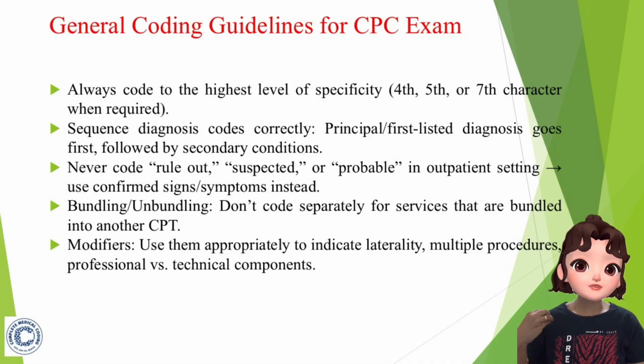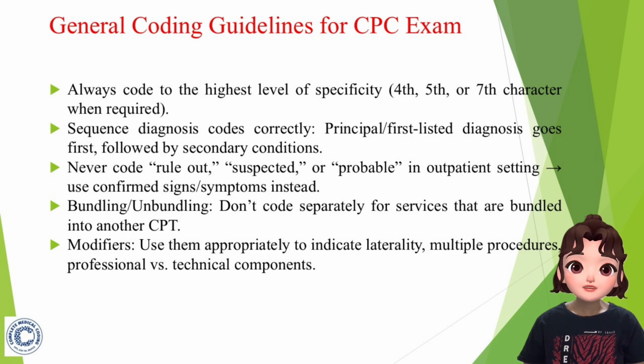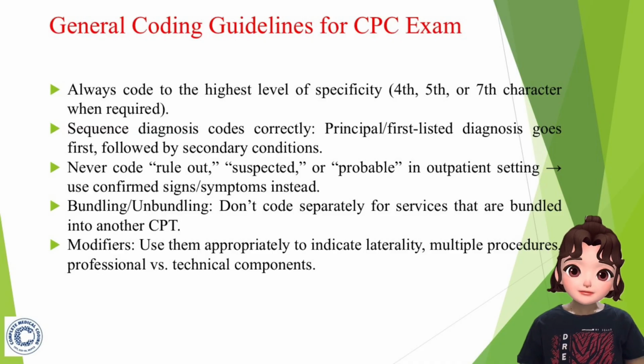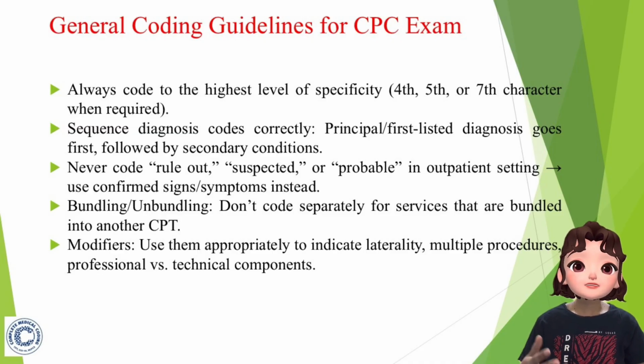You will find many different services and CPT codes that are bundled. Another example is a minor procedure, such as minor dressing, which is already included in the E&M visit in the outpatient setting, so you should not code it separately. Going forward, you will see more and more bundled CPT codes.